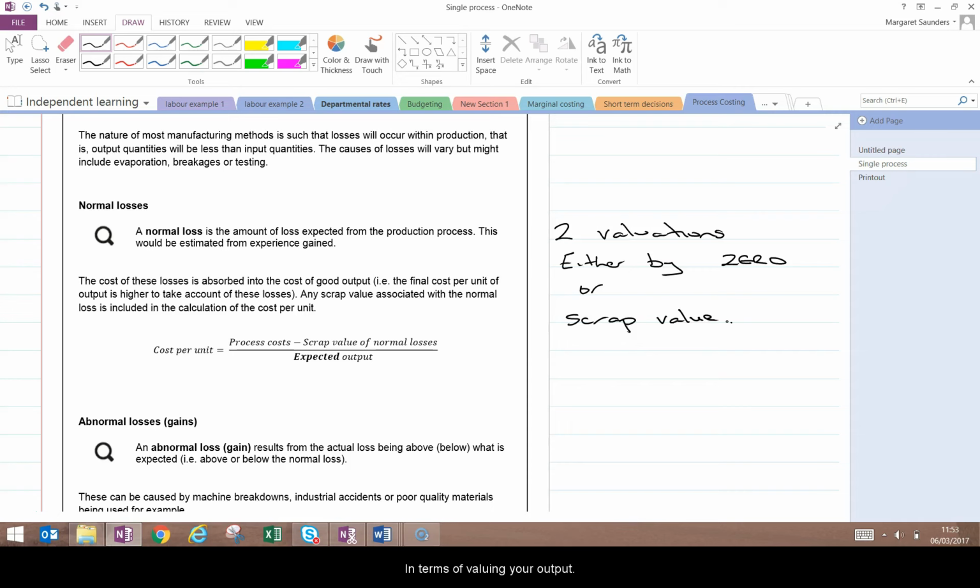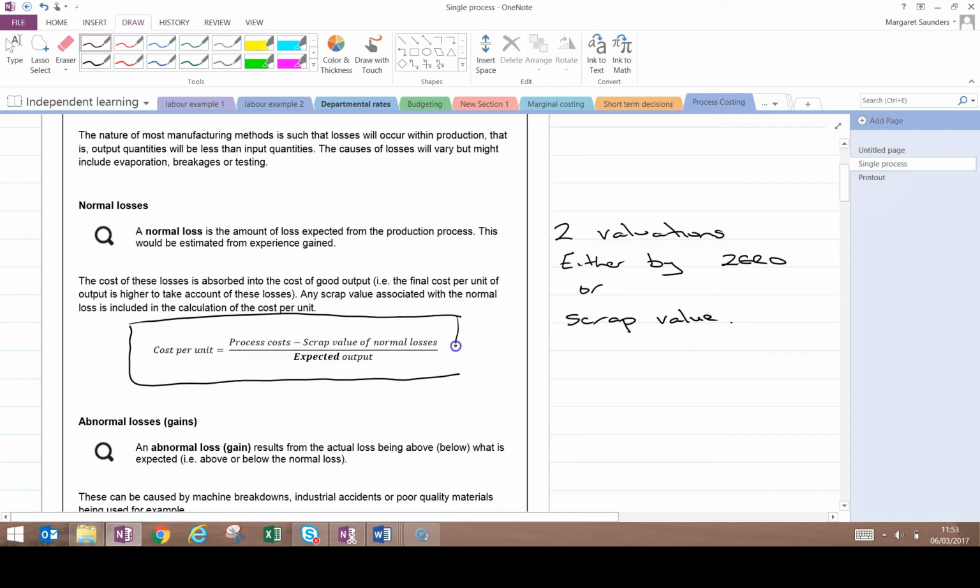In terms of valuing your output, you will need to be familiar with this formula here. To value our output on a unit basis, it is the process costs, so that is the material, labour and overheads that you have put into the process.